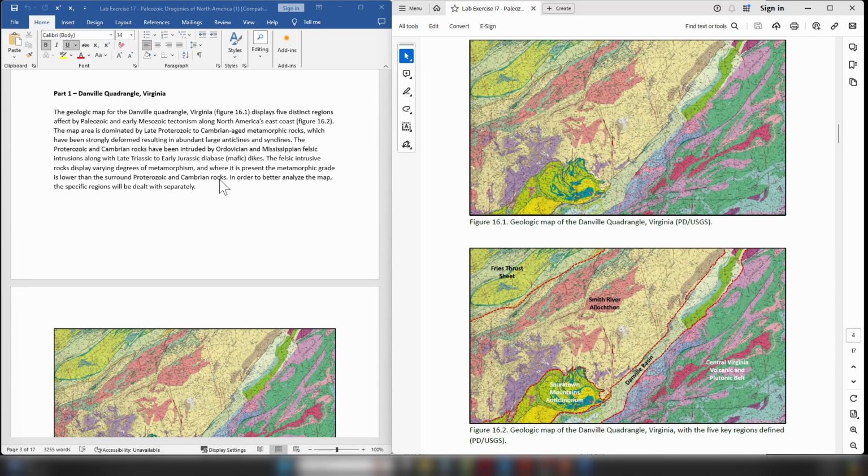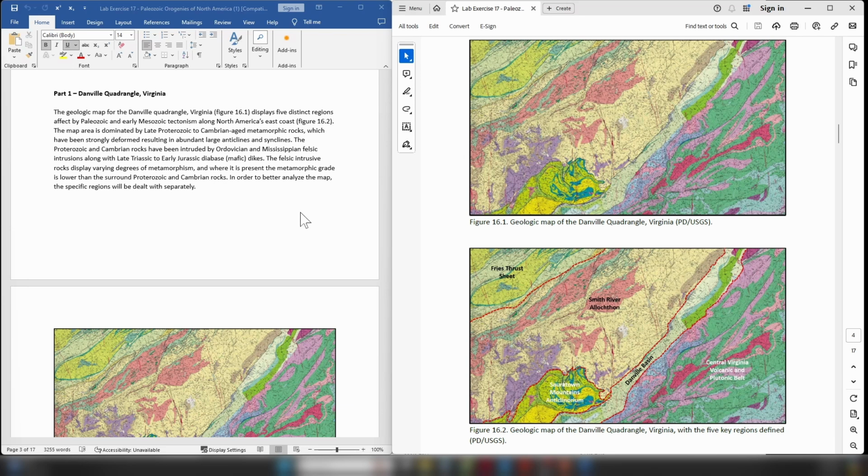So this is beginning to suggest that the emplacement of these felsic intrusions was part of the orogenic process. However, it was typically a later stage portion of that process, because that would mean that these granites would have had less time to be affected by the metamorphic processes associated with the orogenic event.